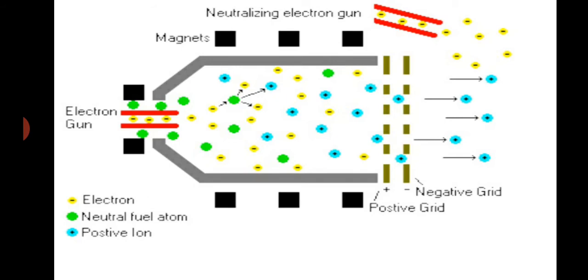The force of this electric charge exerts a strong electrostatic pull on the xenon ions. The xenon ions shoot out the back of the engine at high speeds, which propels the spacecraft in the opposite direction and produces the thrust force.